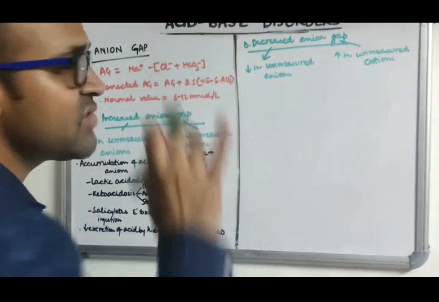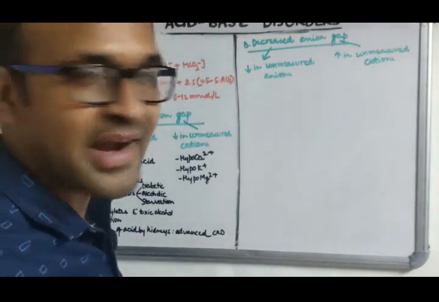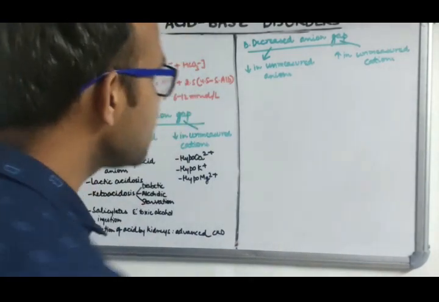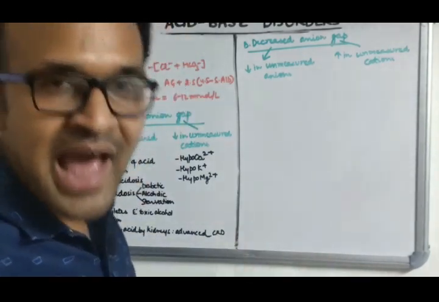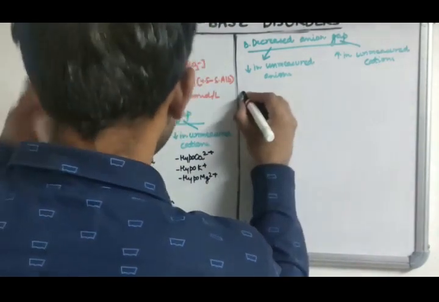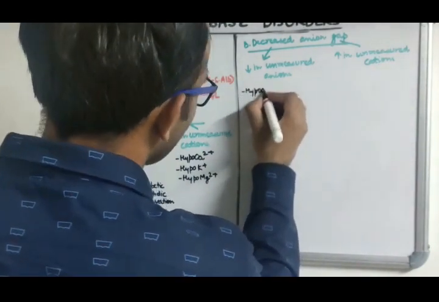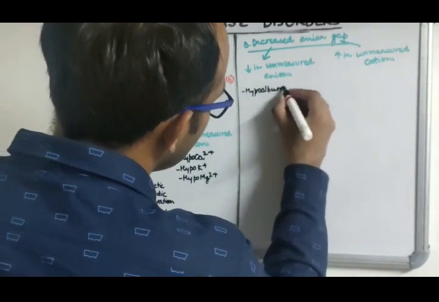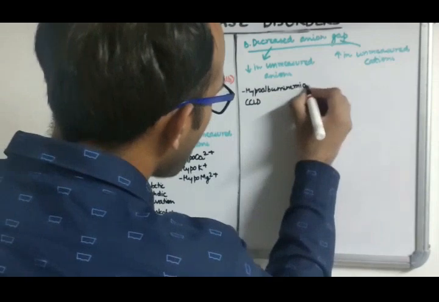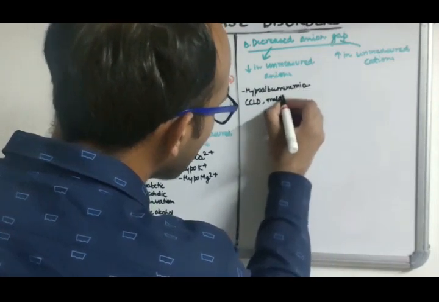So what are the conditions in which we can have decrease in unmeasured anions? Albumin being an important unmeasured anion, the conditions associated with hypoalbuminemia, like patients with chronic liver disease, or malabsorption, or nephrotic syndrome.